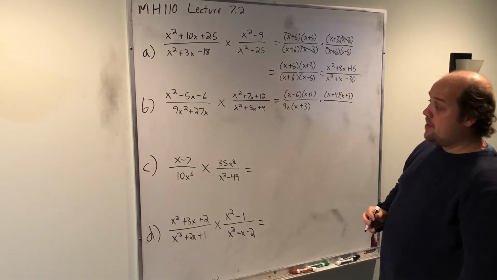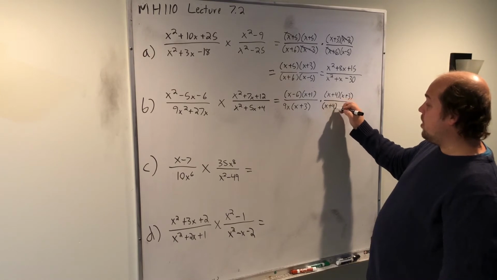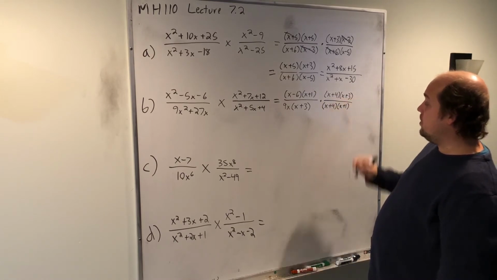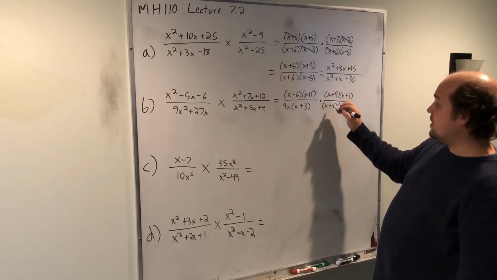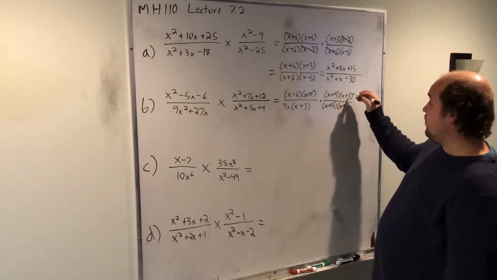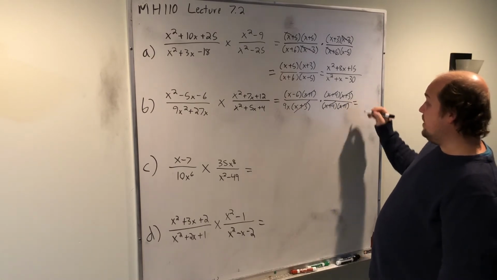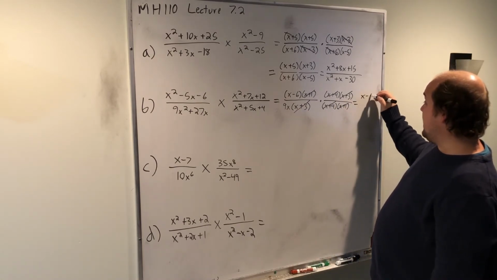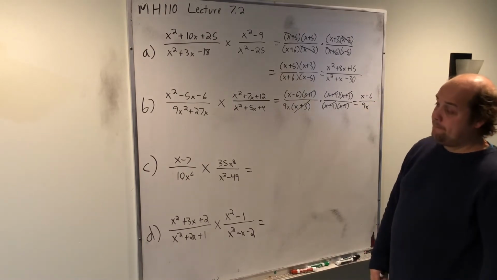And on bottom, x squared plus 5x plus 4 becomes x plus 4, x plus 1. I can then reduce this x plus 1 with this x plus 1, this x plus 4 with this x plus 4, this x plus 3 with this x plus 3. That leaves me with the final answer, only x minus 6 on top and 9x on bottom.